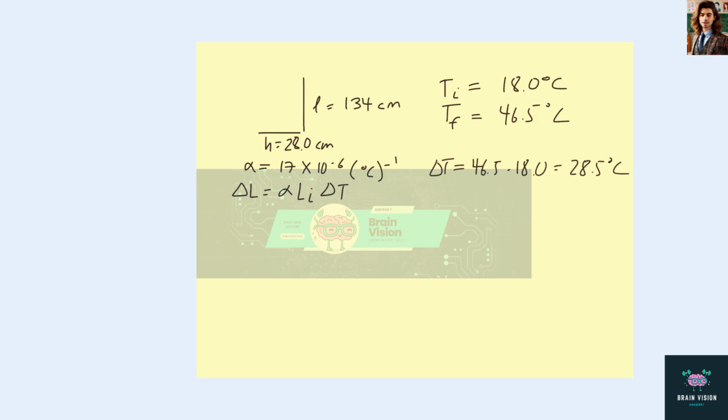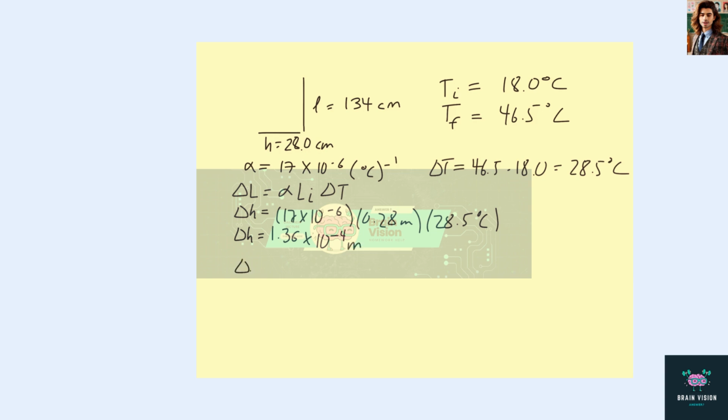So let's start with H. Delta H is going to be equal to alpha, which is 17 times 10 to the negative 6, times initial H, 0.28 meters, times our change in temperature, 28.5 degrees Celsius. So delta H is equal to 1.36 times 10 to the negative 4 meters.